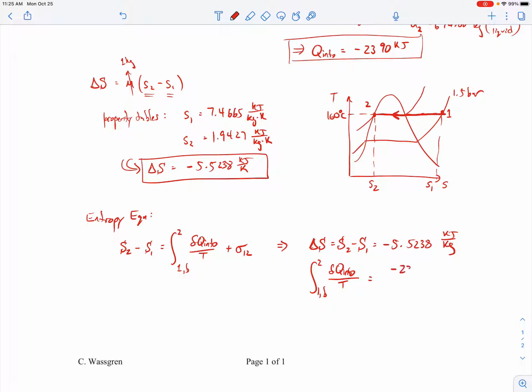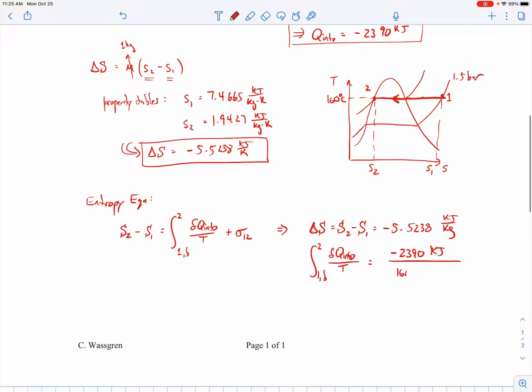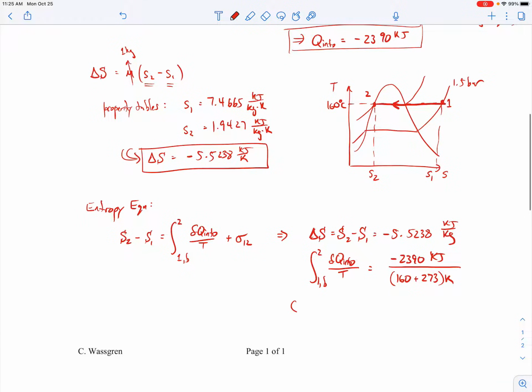That's going to be the minus 2390 kilojoules. And the temperature was 160 degrees C, so we need to convert that over to Kelvin. So add in the 273 Kelvin there. And then we can solve for the entropy generation. And when you do that, it comes out to be 4.5 times 10 to the minus 4 kilojoules per Kelvin.